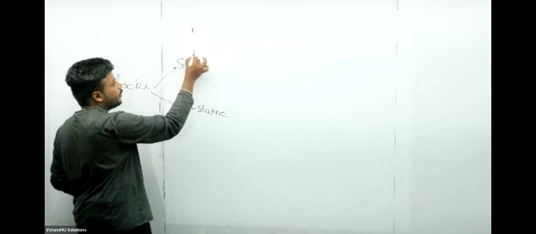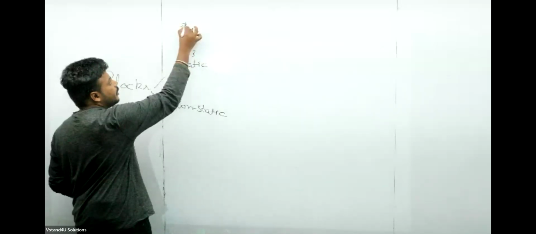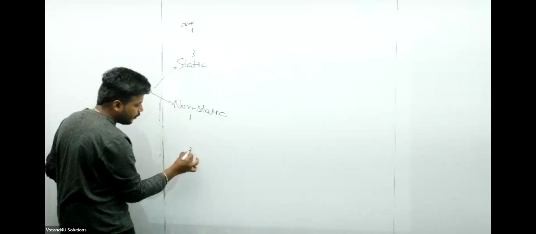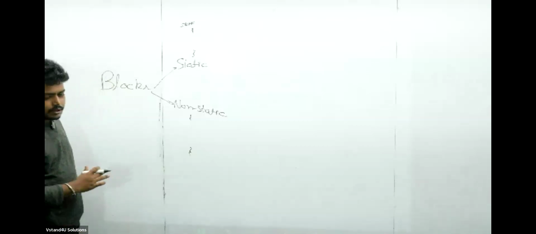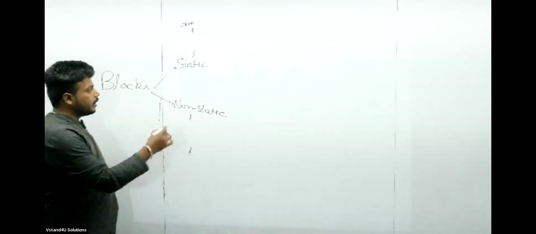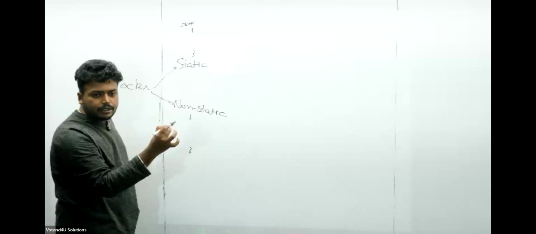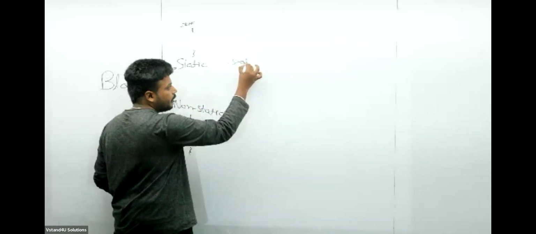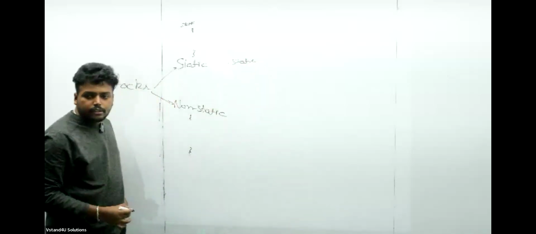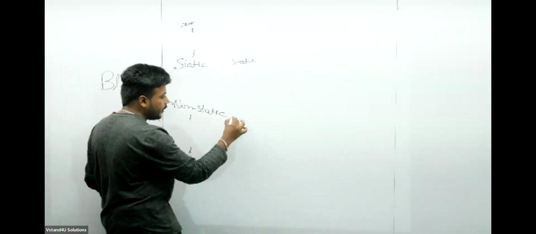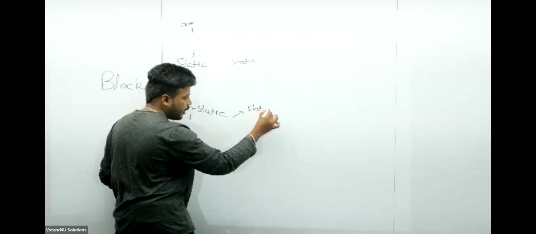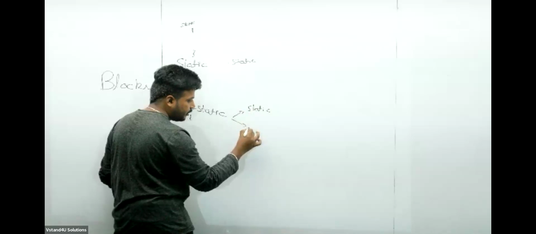Flower brackets using the static keyword. For non-static, without the static keyword. This is the structure for the non-static block. Static will contain only static variables. Non-static will contain both static and non-static variables.